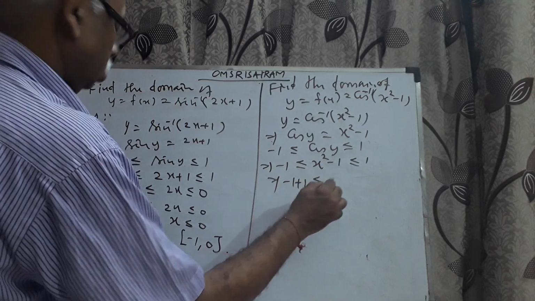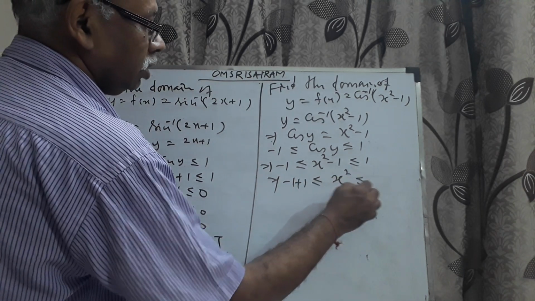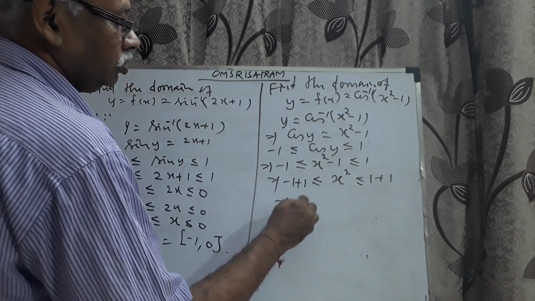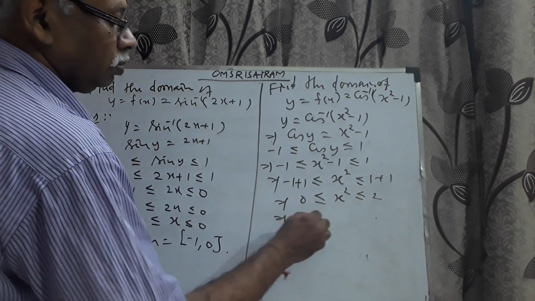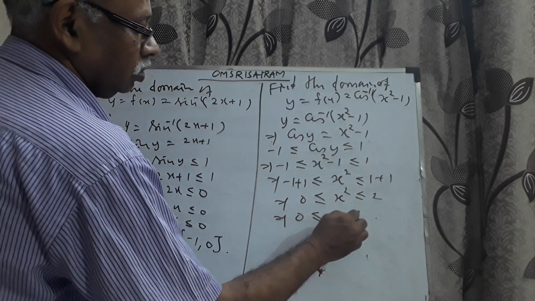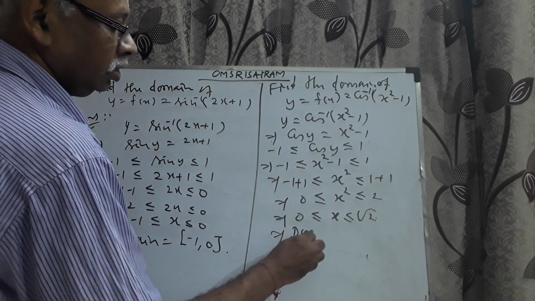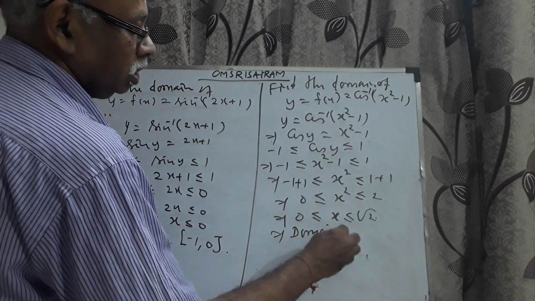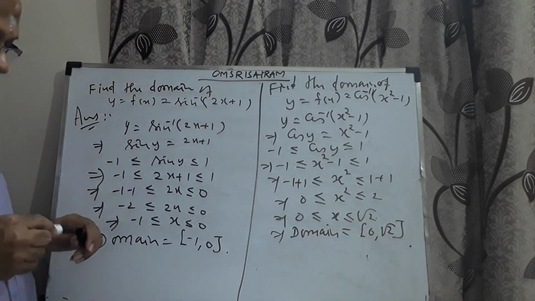Minus 1 plus 1 less than or equal to x square less than or equal to 1 plus 1, which implies 0 less than or equal to x square less than or equal to 2, which implies 0 less than or equal to x less than or equal to root 2. Take square root on either side, domain happens to be closed interval 0 comma root 2.